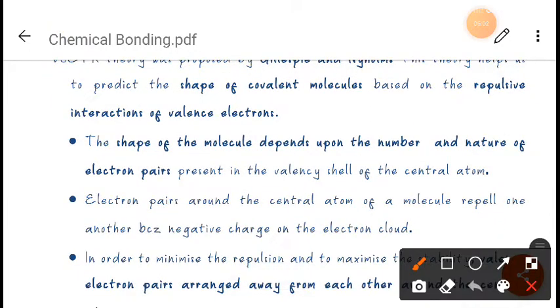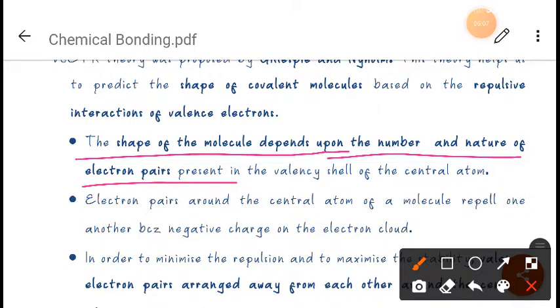The shape of the molecule depends upon the number and the nature of electron pairs present in the valence shell of the central atom.